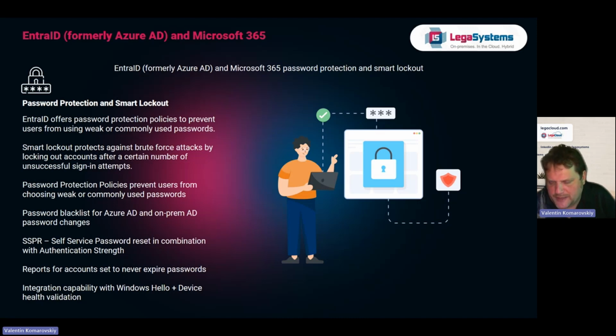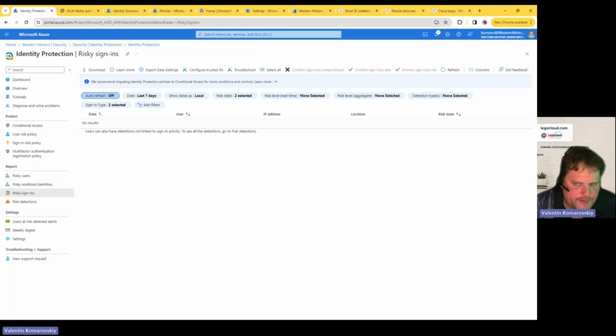That's something that Microsoft does, and they control it. So it's helpful to have a password blacklist. And then the smart lockout protects against brute force attacks by locking an account after a certain number of unsuccessful attempts. And that is something that's customizable.